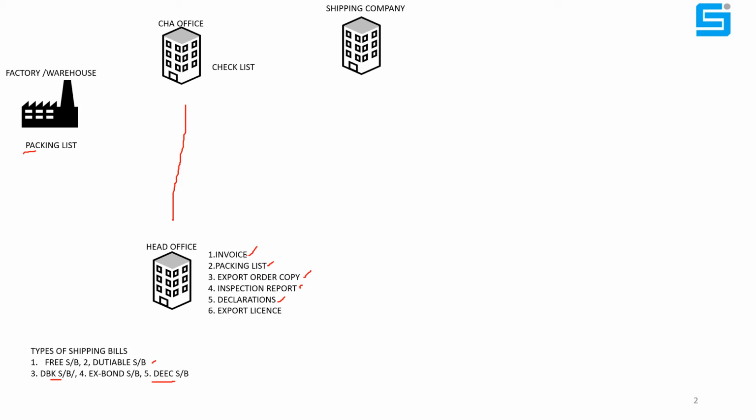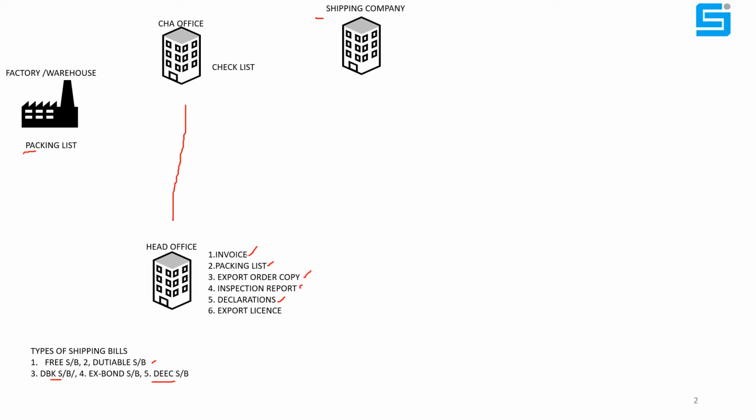Meanwhile, the CHA or forwarding agent will approach the shipping line. The CHA knows how much cargo there is and what type of container is required, and therefore he will book the cargo with the shipping company.